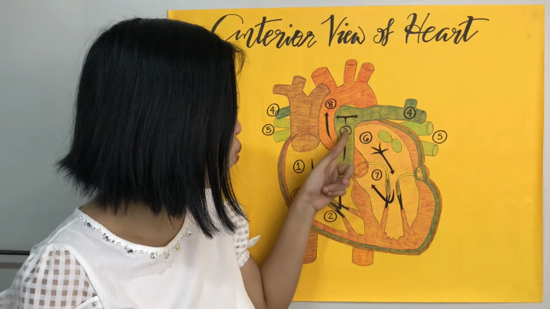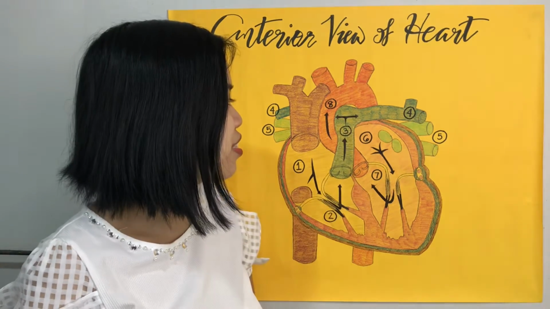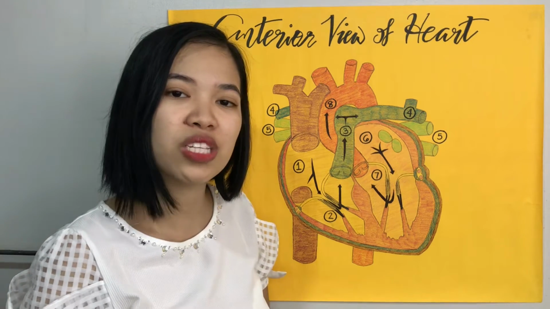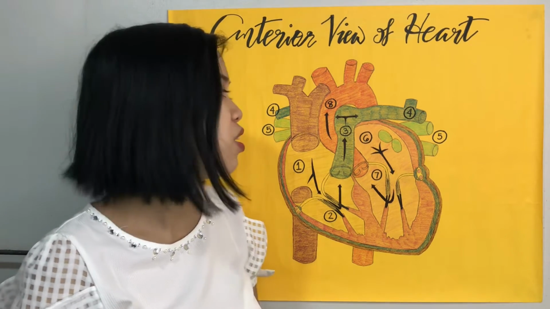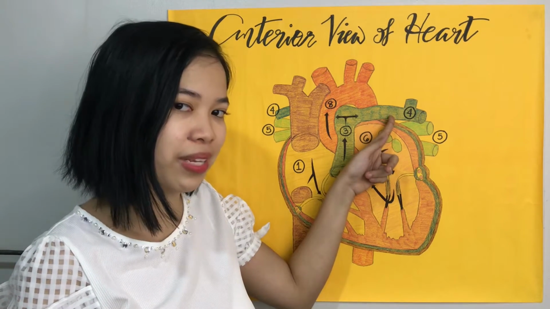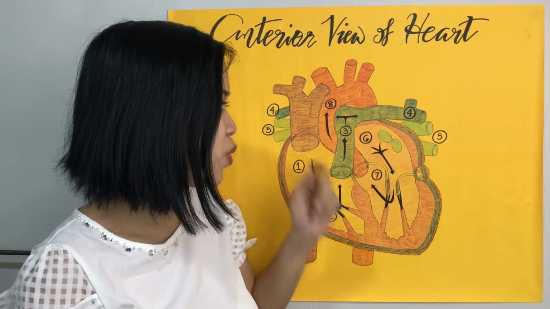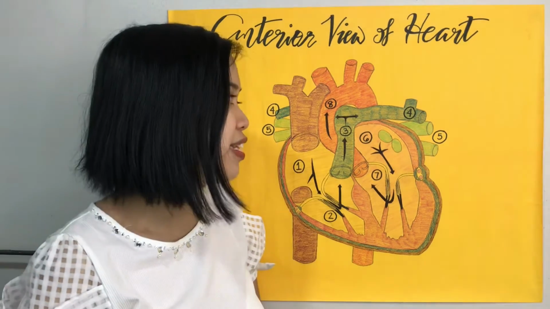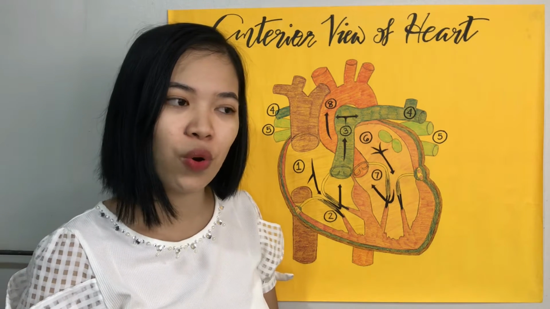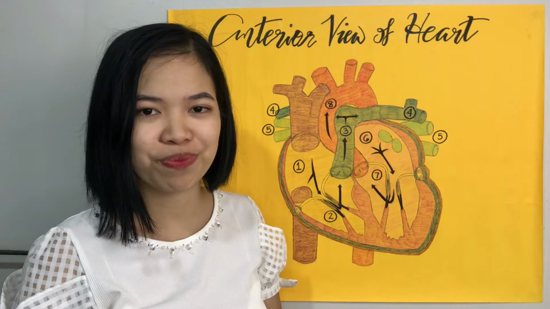This is also called the pulmonary trunk. The fourth location is when the blood goes in two different directions, the left pulmonary artery and the right pulmonary artery. Every side has two branches, which connect to our lungs for the oxygen and carbon dioxide exchange.